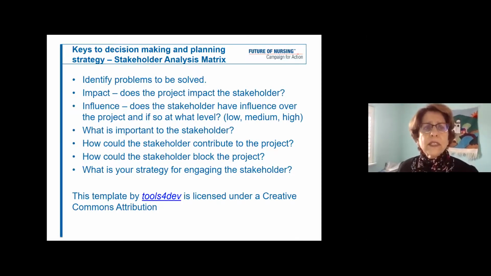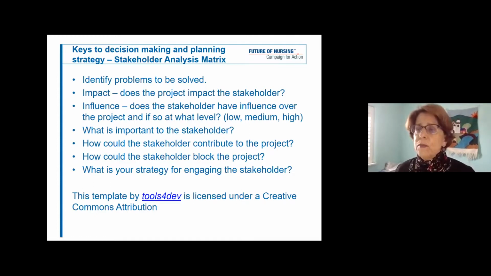So key decisions that you need to look at when you're looking at an analysis matrix, and that's what we're going to do in one of the group activities that we do, is you want to identify the problem, and then again look at the stakeholders. How does this project impact the stakeholders? And what is the influence level?